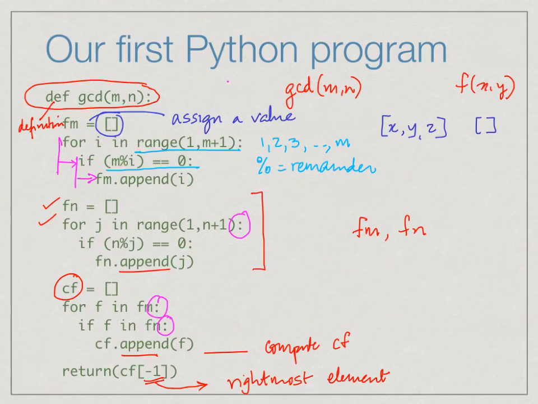So these are all features that make Python programs a little easier to read and write than programs in other languages. We will come to these when we learn Python syntax more formally. But at this point, you should be able to convince yourself that this set of Python steps is a very faithful rendering of the informal algorithm that we wrote in the previous slide.